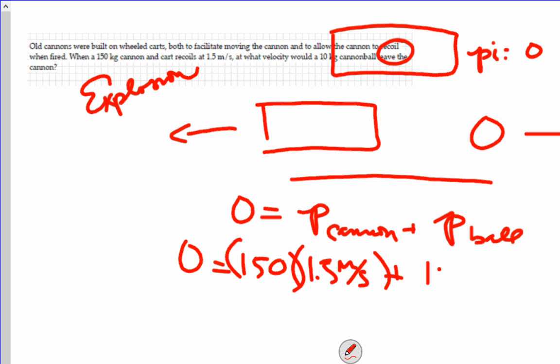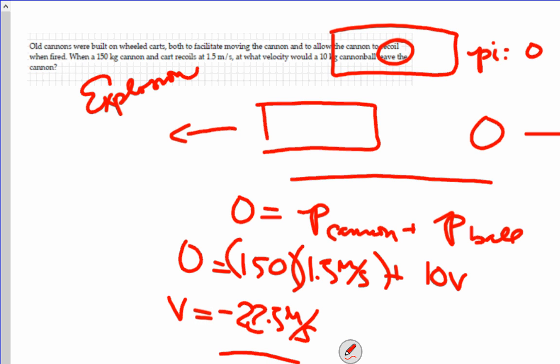And the cannonball, I think, is 10 kilograms, and we want to know the velocity. All right, the velocity is going to be negative the way I set this up. If you made the 1.5 meters per second negative, then you'll get opposite signs on this. It doesn't honestly matter, but that's 22.5 meters per second. Whiteboard writing is not always the prettiest writing, but at least you get a little bit of a full explanation.